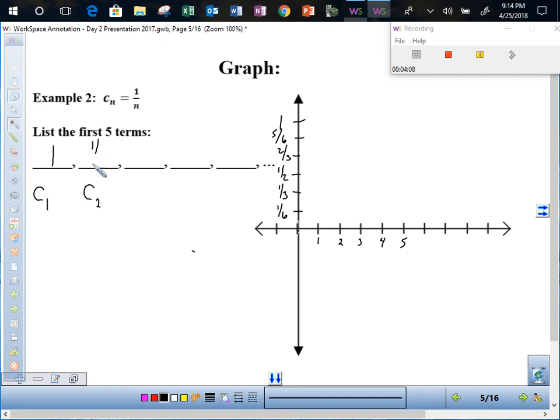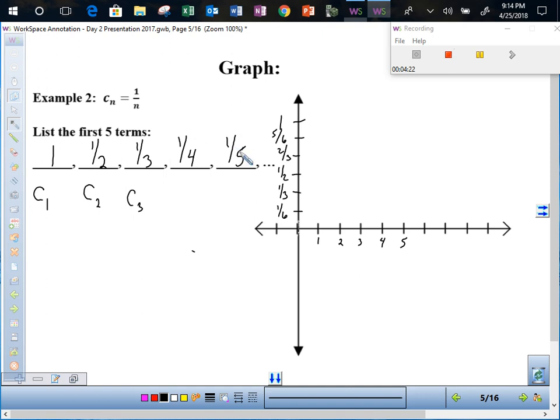Plug in a 2 and I'm at 1/2. Let's find C of 3, 1/3. C of 4, 1/4. And of course C of 5, 1/5. Notice what these numbers are doing. They continue to get smaller and smaller and smaller.